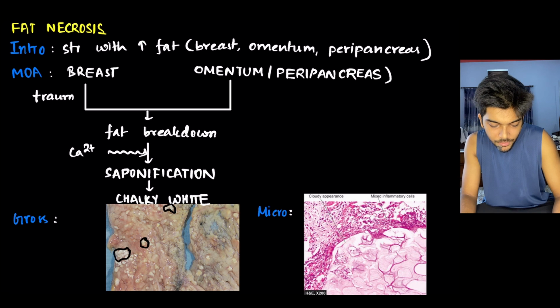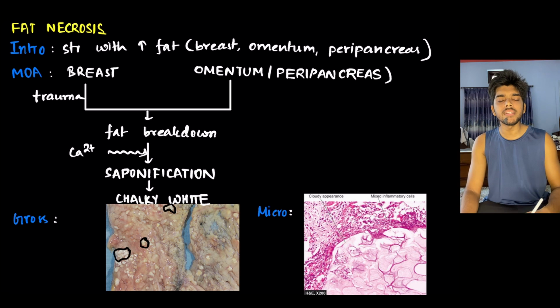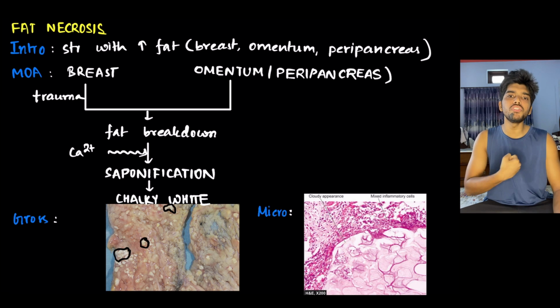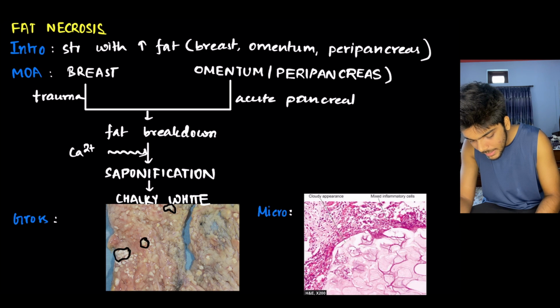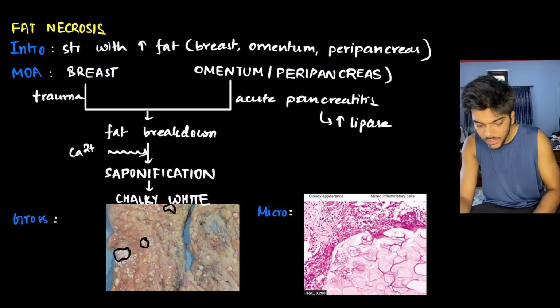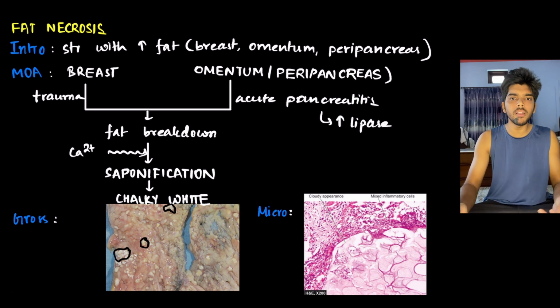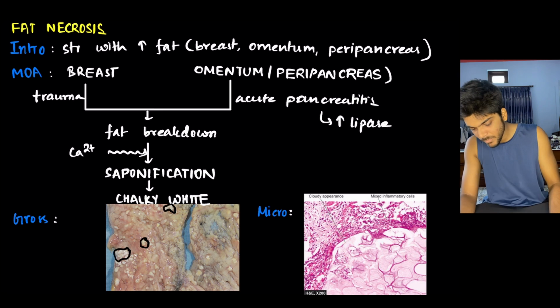Let's say you have a female boxer who continuously gets traumatized in the breast region, continuous punch to the breast region. As a result, fat gets broken down. Let's say another person has acute pancreatitis. Due to acute pancreatitis, there is an increased level of lipase enzyme. Lipase goes and breaks down fat in omentum and peripancreas.